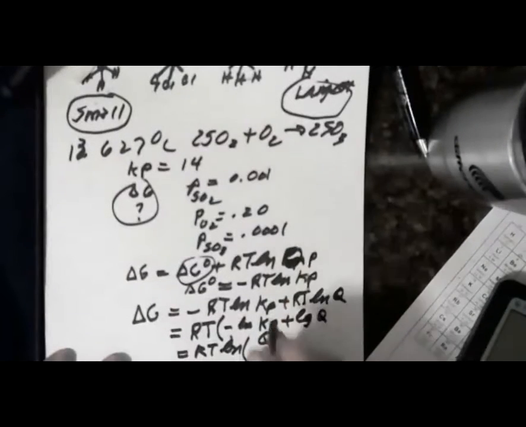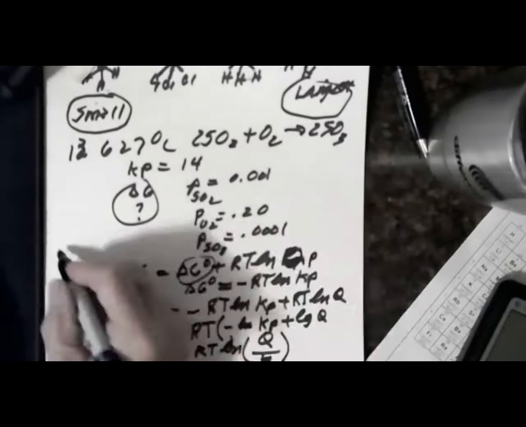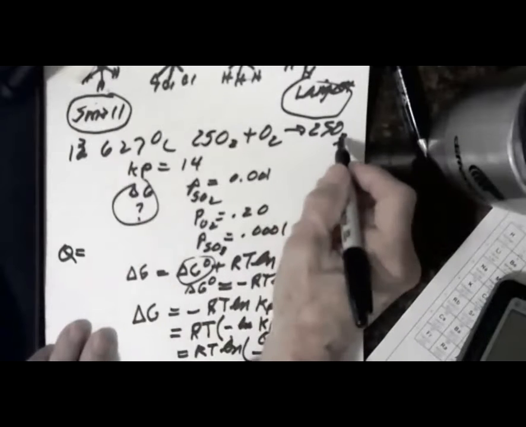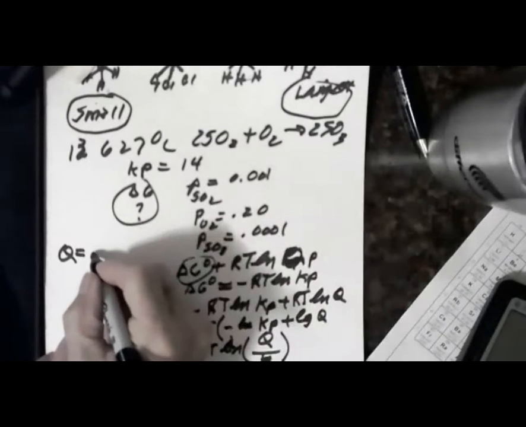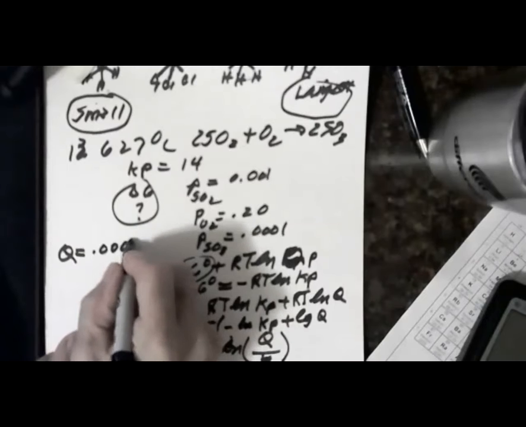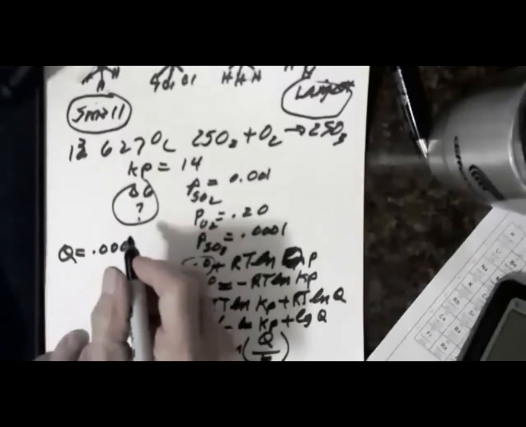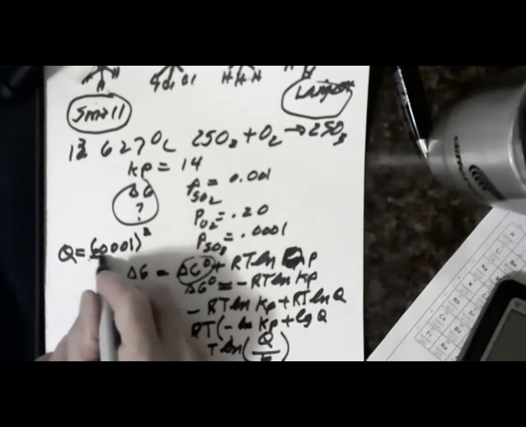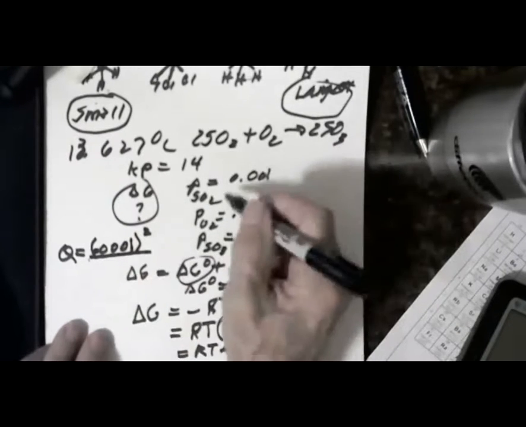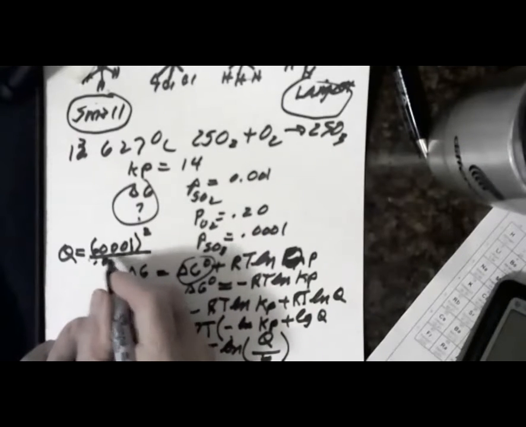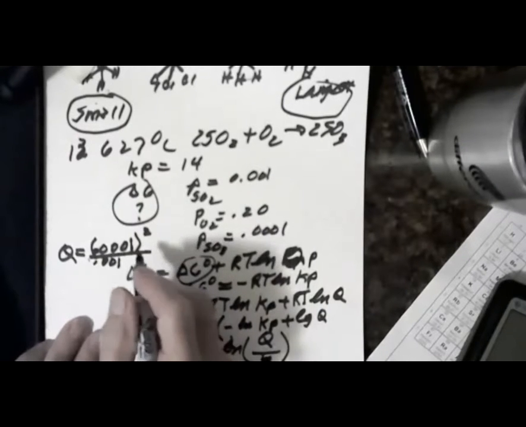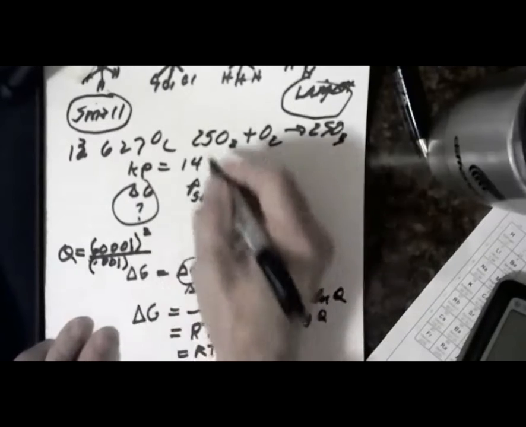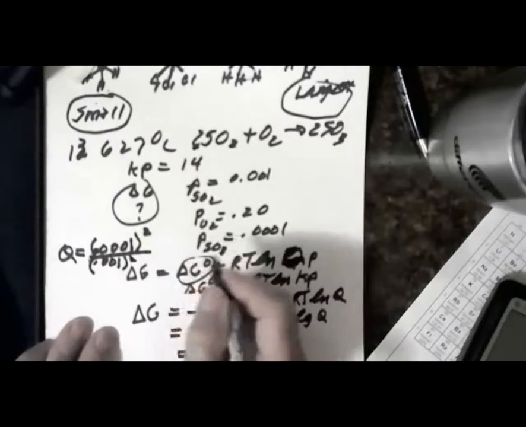I can get Q. Maybe I'll set it up right over here. Q is going to be equal to the pressure of the SO3 squared, so it's 0.0001 squared. I want to be sure I did that right. Yep. And I want to divide it by the pressure of the SO2, which is 0.001, and there's two of them, so that's squared also.